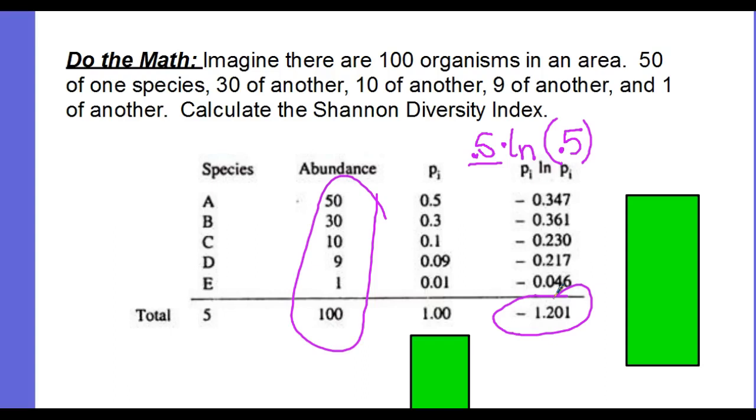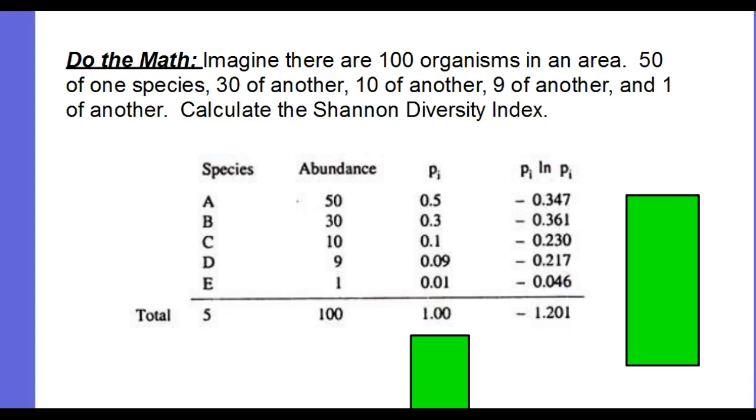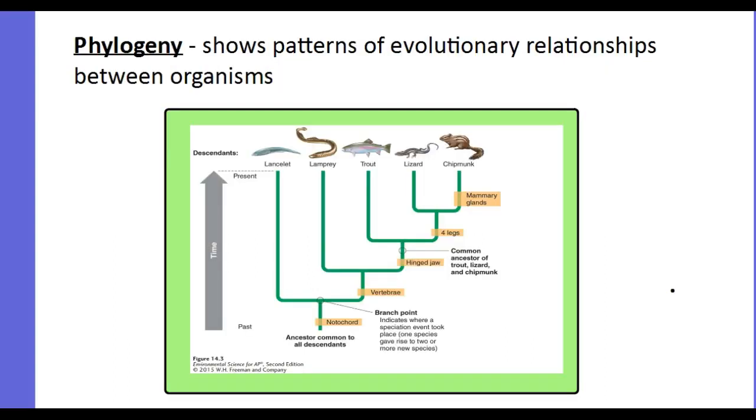Okay, so this is how you calculate it. Again, you don't need to know how to calculate it for anything in here, but I wanted to show you how to do it.